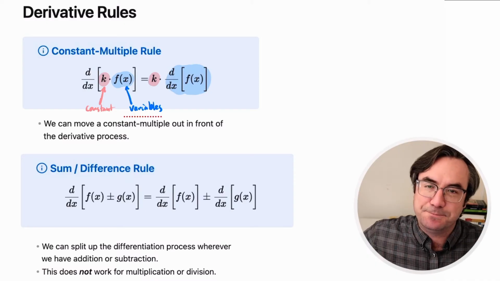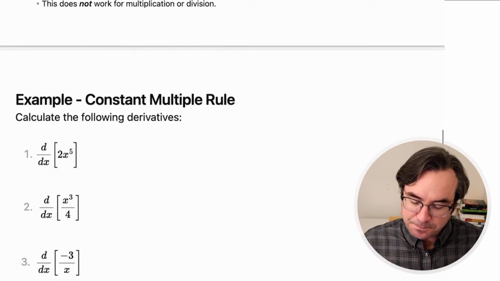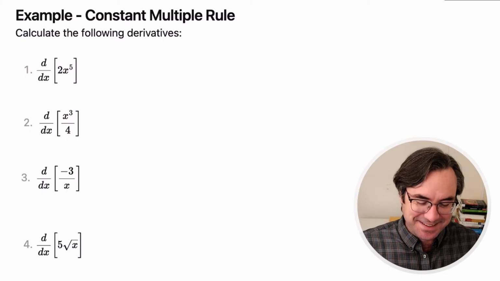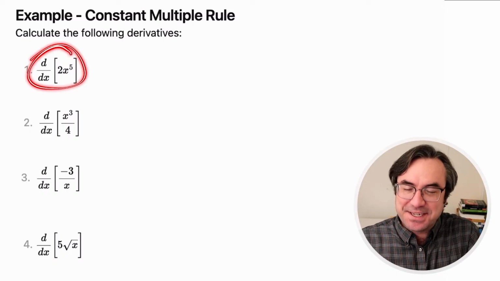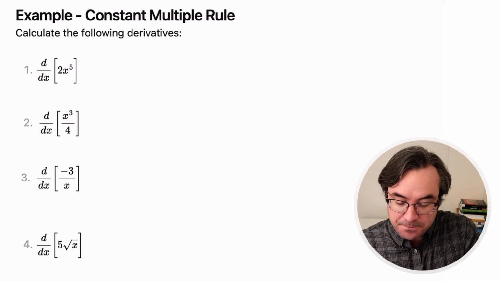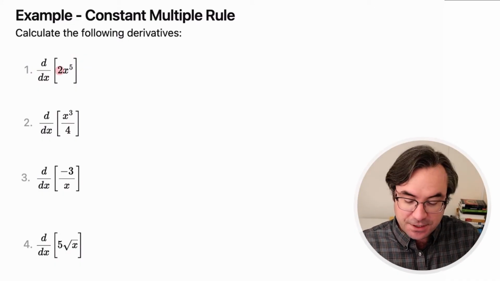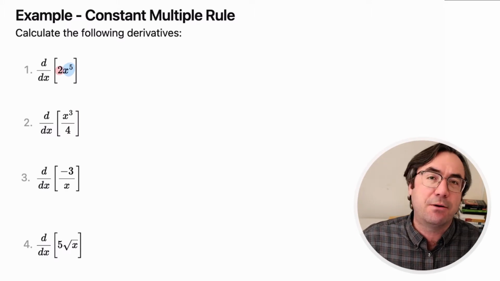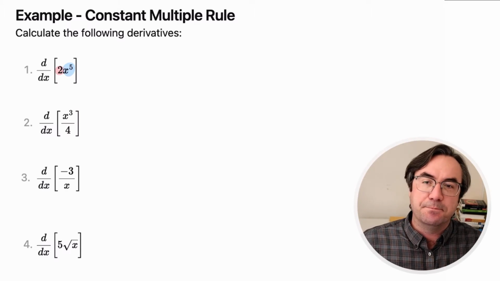So let's try an example. Maybe 2 examples. So let's look at the first one. Let's see how this process works. For this first one, we've got a constant 2. So that's our constant multiple. And then we've got a power function x raised to the power 5. All right.